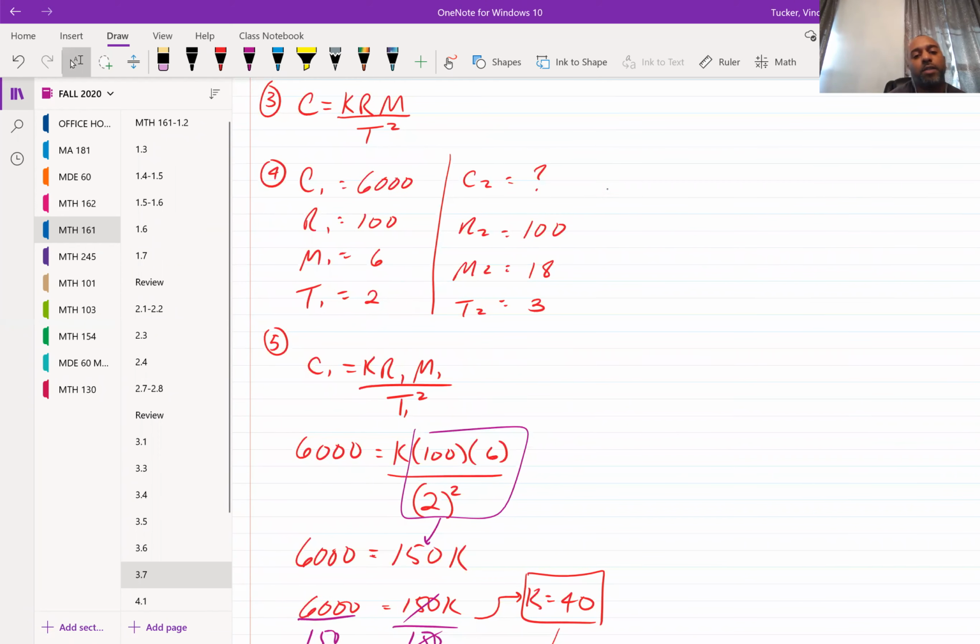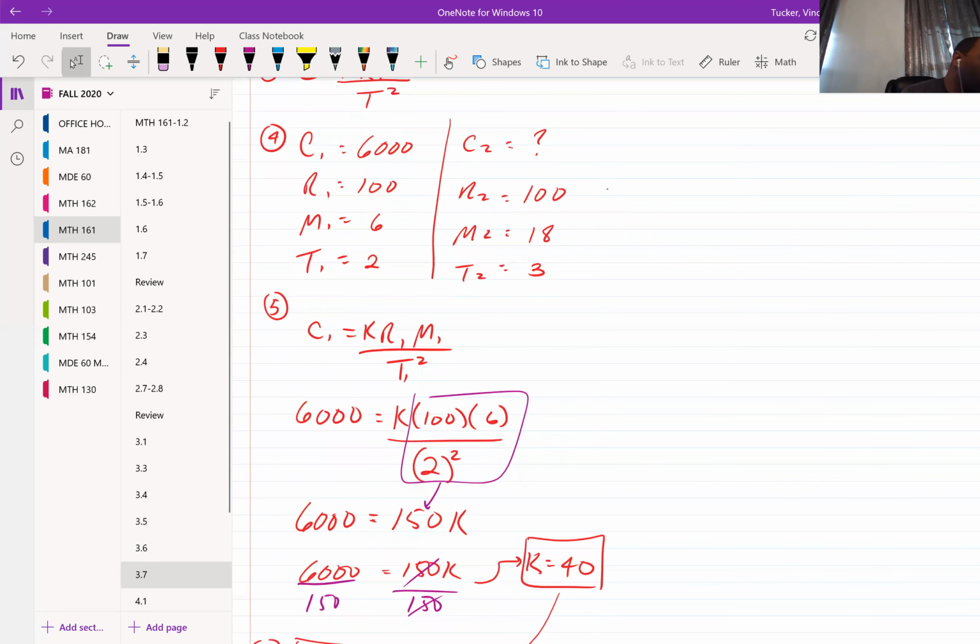So 6,000 is equal to K times 100 times 6 over 2 squared. If you simplify all that, that gives you 150. So that's why I have 6,000 equal to 150K. Divide by 150, K is equal to 40.